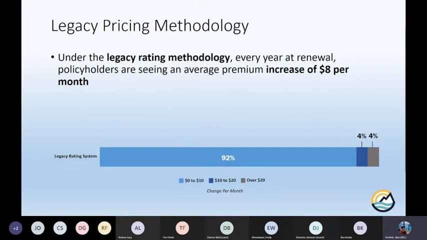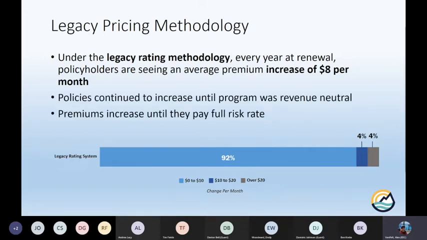Again, the federal government's not out to make money with flood insurance. They're trying to have a self-funded program where the premiums brought in cover the payouts. The way they were doing this under the legacy method was everybody was just paying more. Average was about $8 per month increase for every policy in the NFIP.